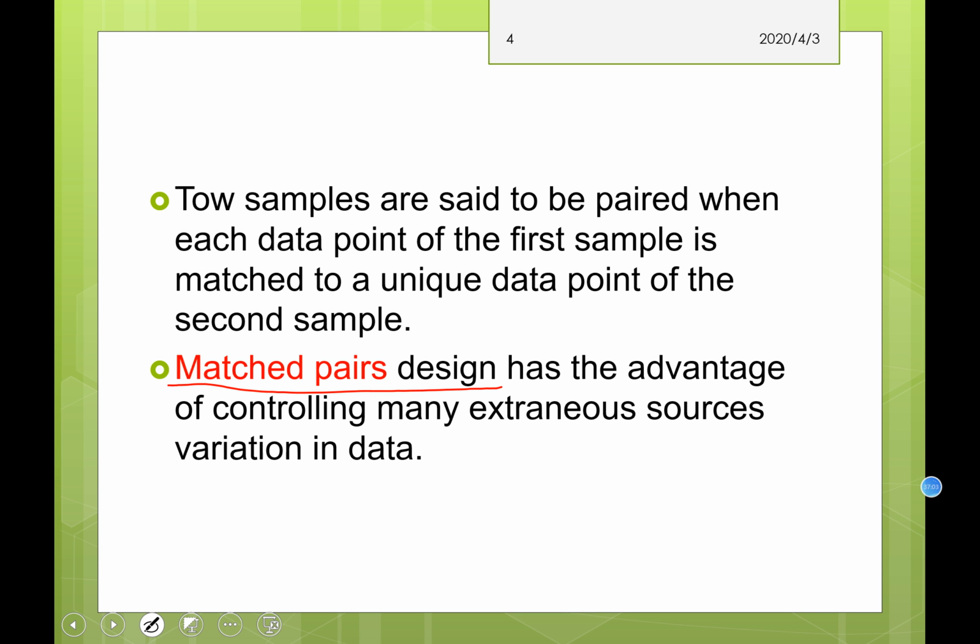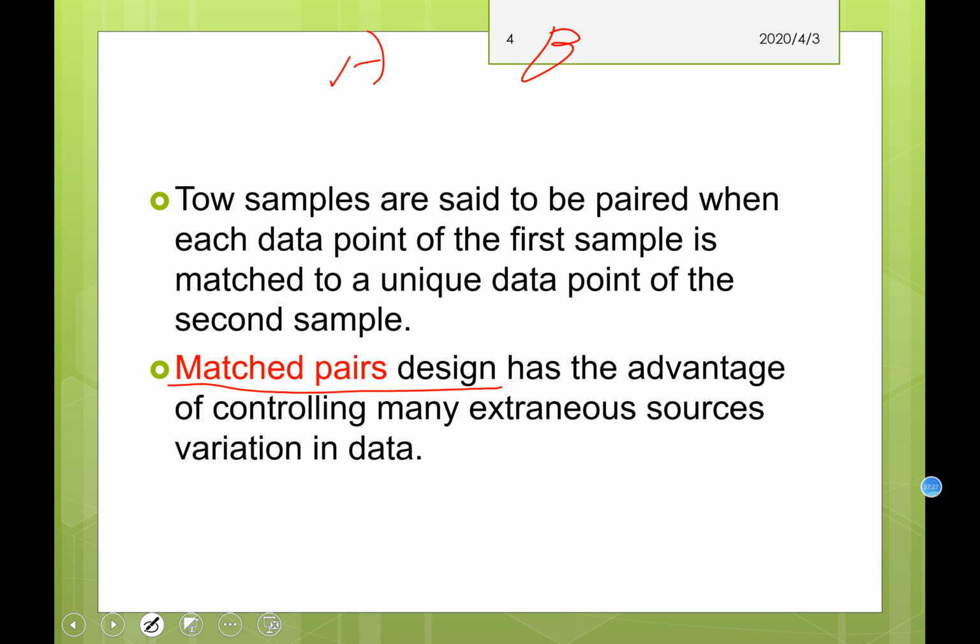And why do we need this type of design? The advantage is this method can control some variation in the data. For example, we compare drug A and drug B, still this example.